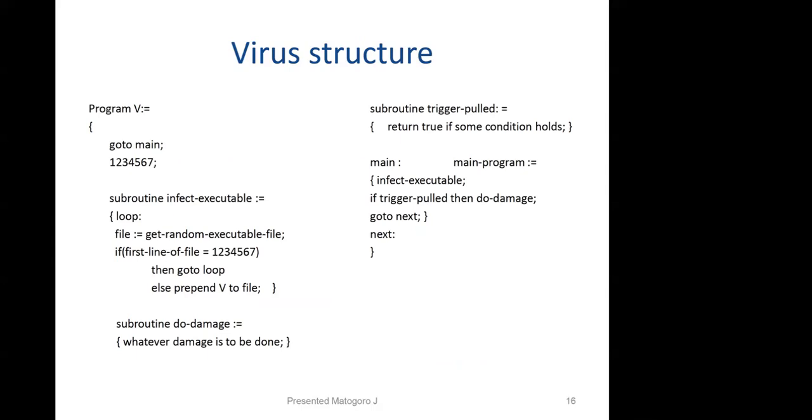But when you are planning to develop a virus, make sure you know which environment you want that virus to be active in. So you can develop a virus that can be active on Windows environments, or it can affect Linux systems, or it can even affect the Unix system. So it depends on the environment for which you want to develop your virus.